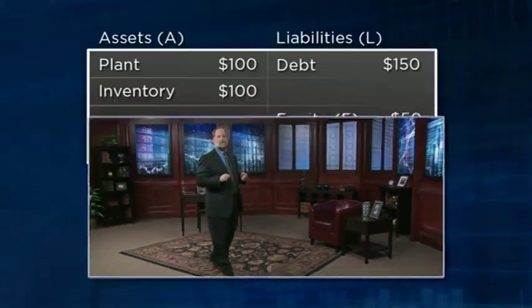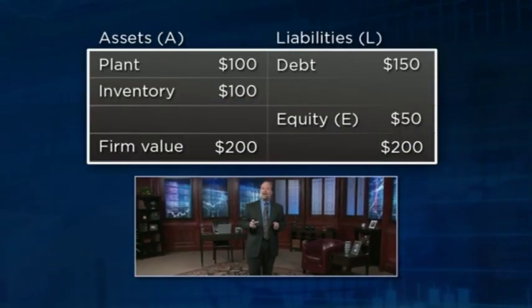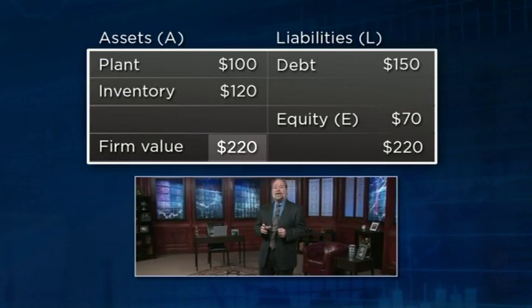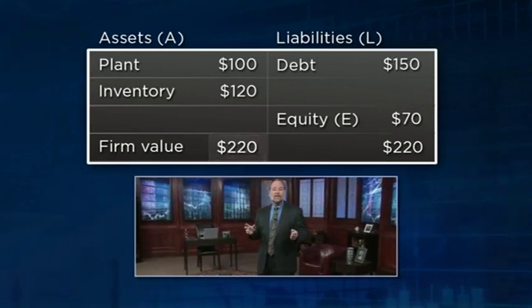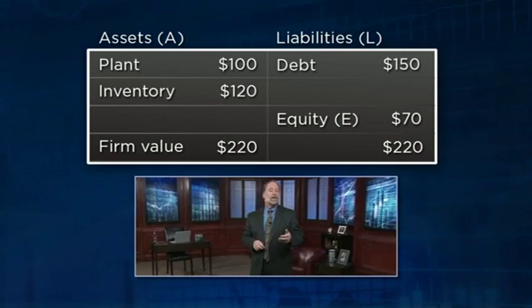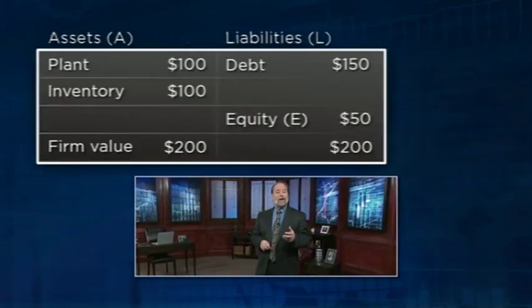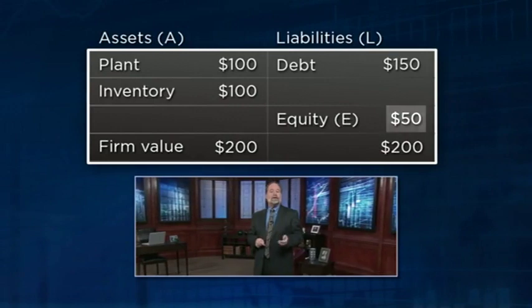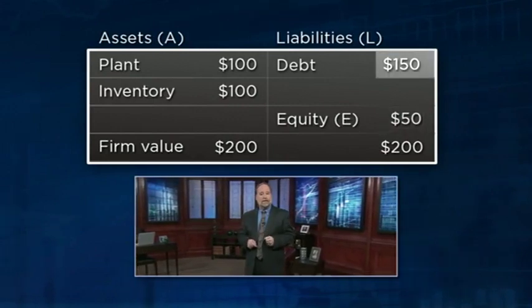Looking at the original balance sheet, what happens if the value of the assets increases to $220 million because of good news? For example, it's now very likely that there will be a change in regulations that will make your firm more profitable. Recall that originally the equity was worth $50 million and the debt was worth $150 million.